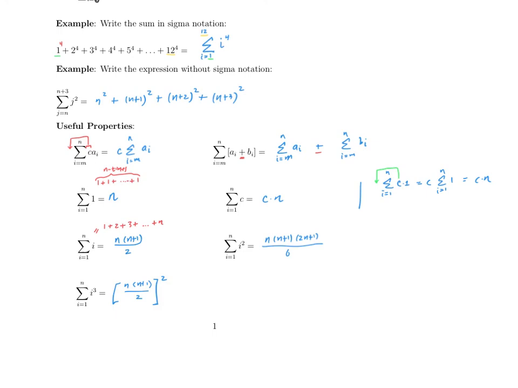Now, my silly way of remembering the final 2 is for I cubed, we're taking that formula when I is to the first power, and we're just accounting for those extra 2 powers that we missed out on. And note that's complete nonsense mathematically, but that's how I remember this maybe more intuitively.